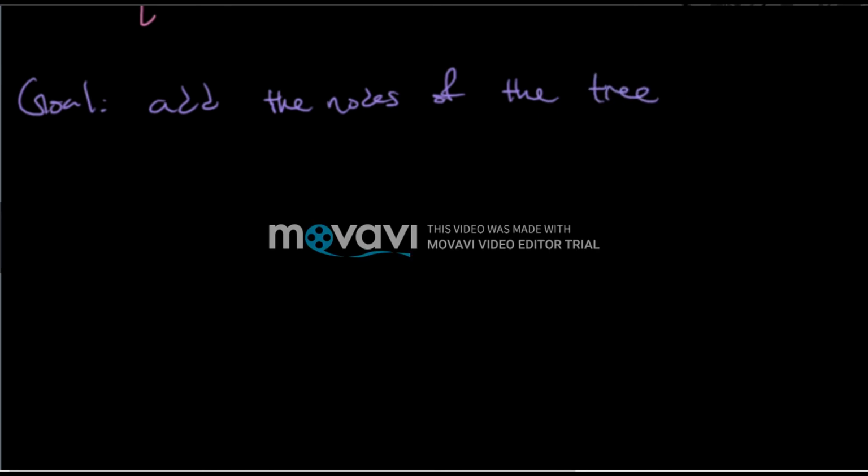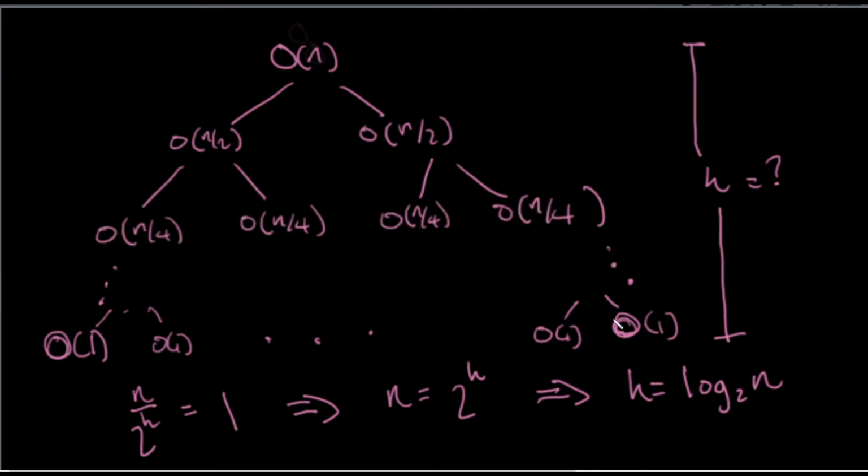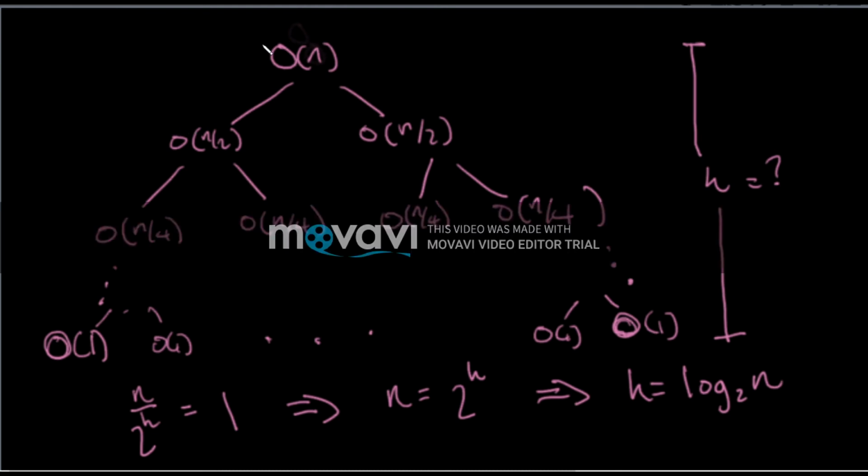And so after staring at this maybe for a few minutes, you might notice this trick that we can apply here. We're looking to sum up all of the nodes of this tree, and maybe we want to find a quick way to do it, or an efficient way to do it.